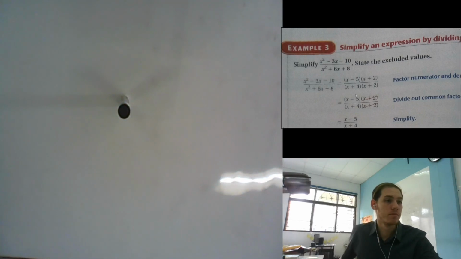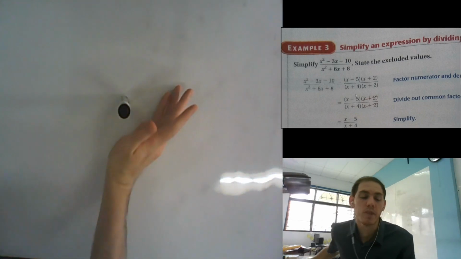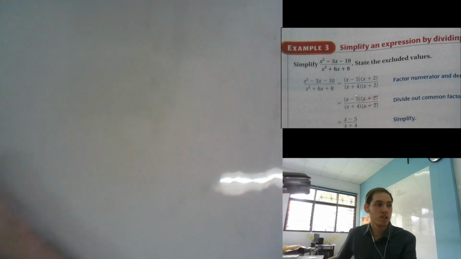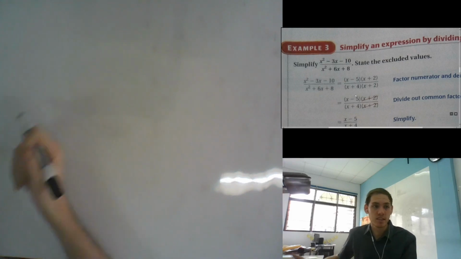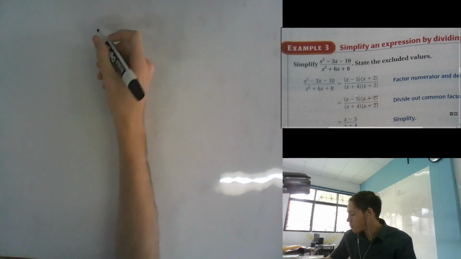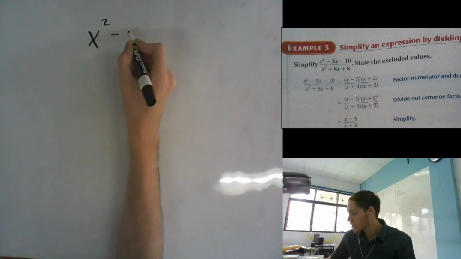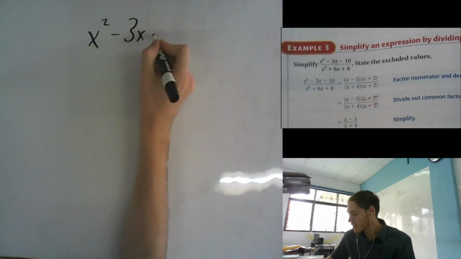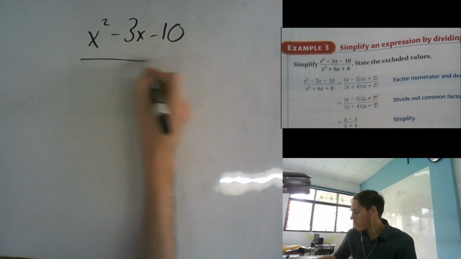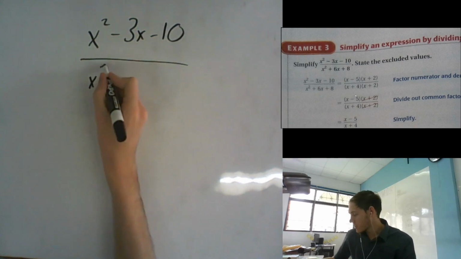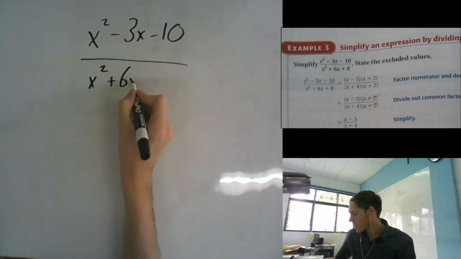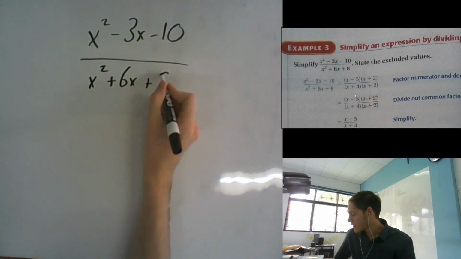We'll just go the way the book does because it'll be easier. So we get x squared minus 3x minus 10 over x squared plus 6x plus 8.